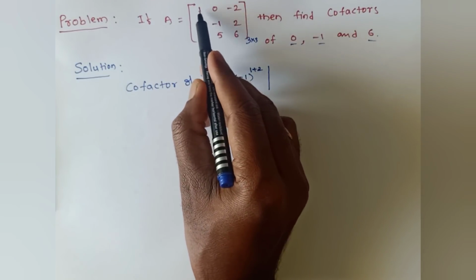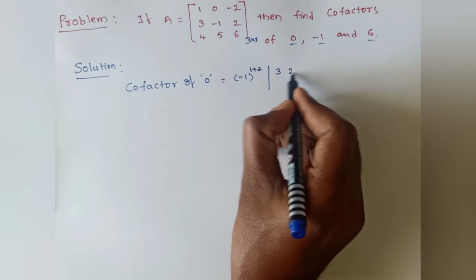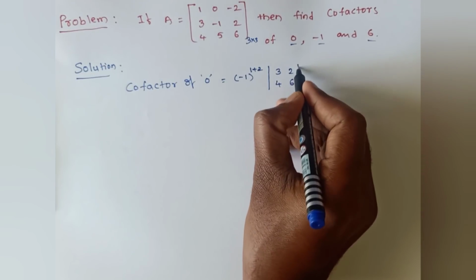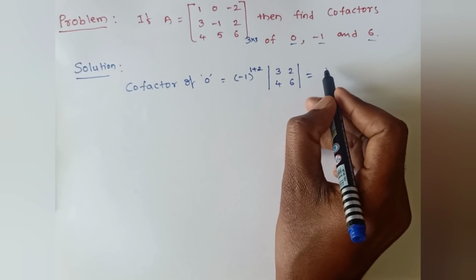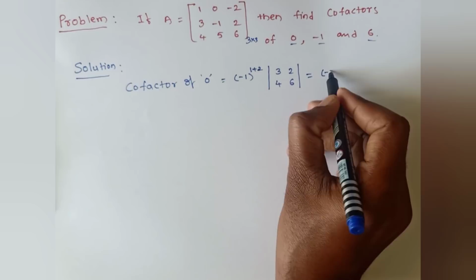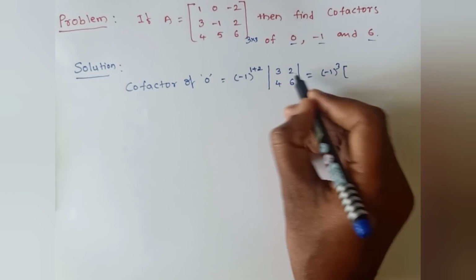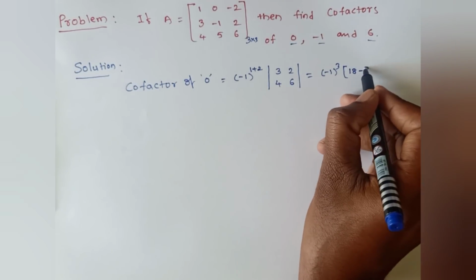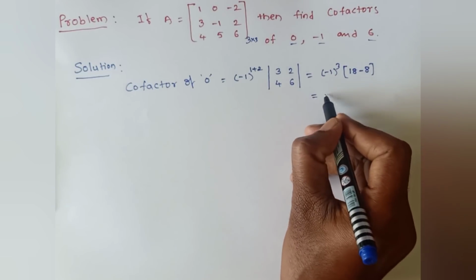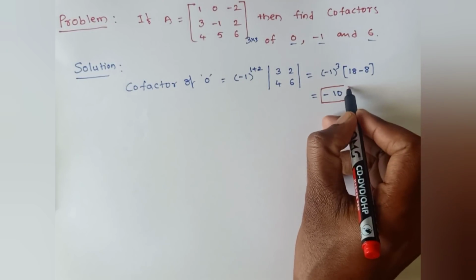The minor of 0, by deleting this row and this column, has remaining elements 3 2 4 6, which is minus 1 power 3 into the determinant, that is 3 into 6, 18, minus 4 into 2, 8. So this is minus 10. So the cofactor of 0 is minus 10.